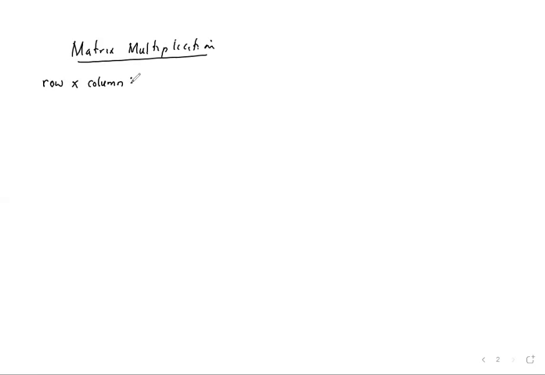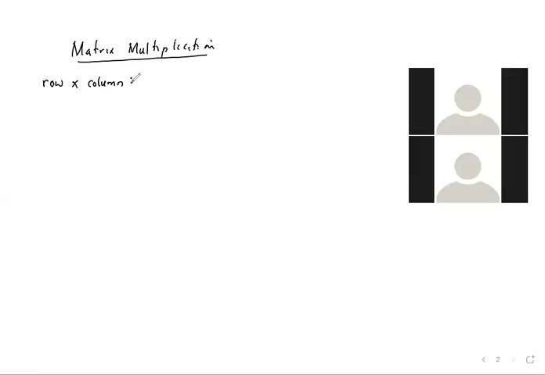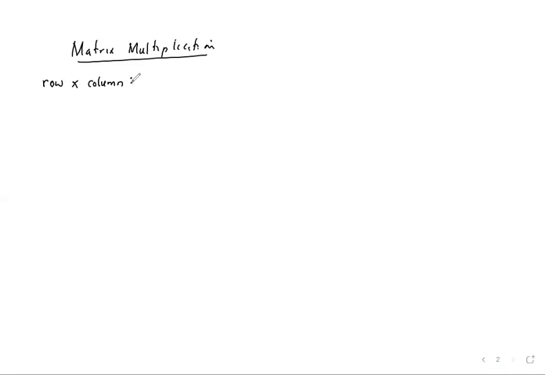It means that for you to be able to multiply two matrices, if this one is n by m, it can only be multiplied by a matrix of order m by something.